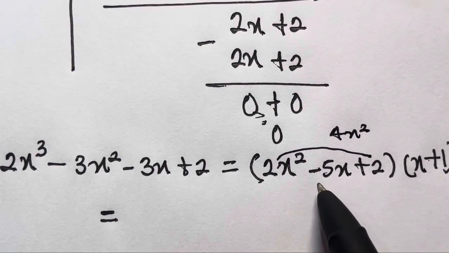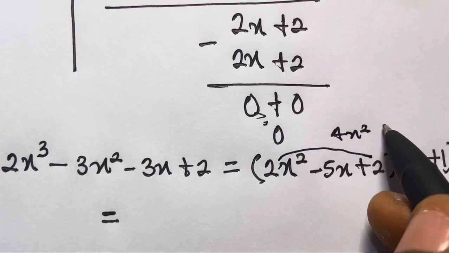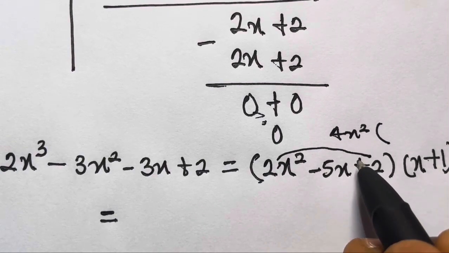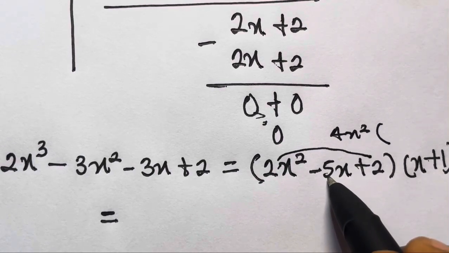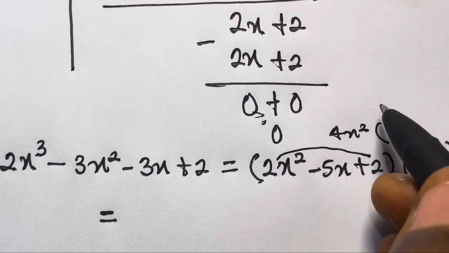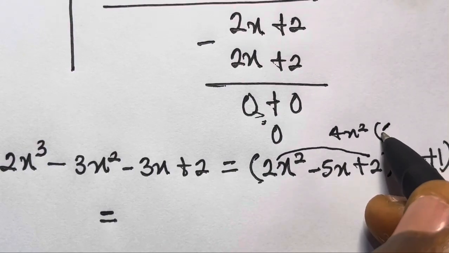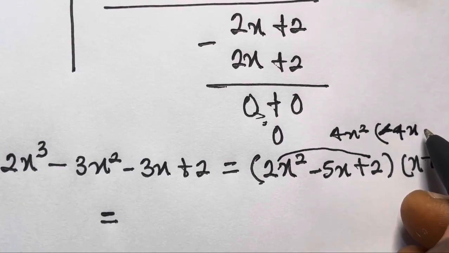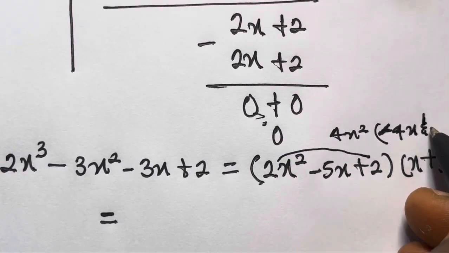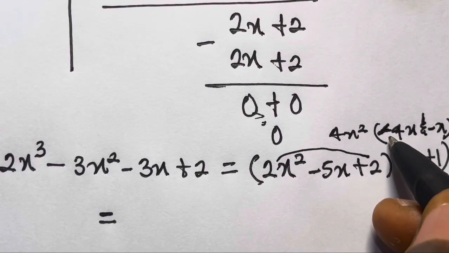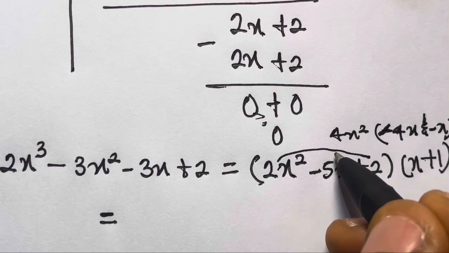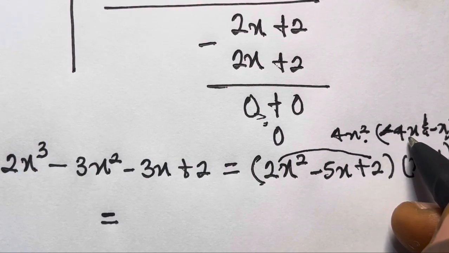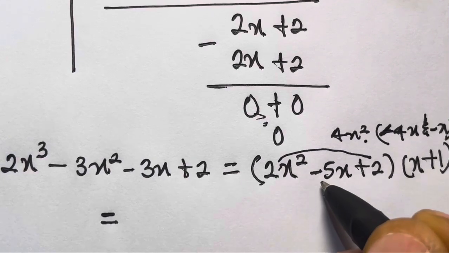So now you have to look for two factors which, when you multiply them, will give you 4x squared, but when you add or subtract them, will give you minus 5x. The product I think we can use there is minus 4x and minus x. If you multiply minus 4x times minus x, you get plus 4x squared, but minus 4x minus x will give you minus 5x.